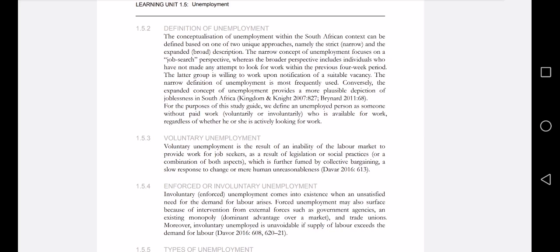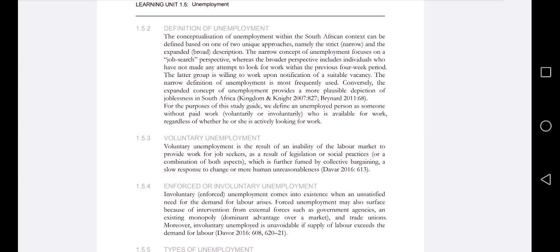The latter group is willing to work upon notification of a suitable vacancy. The narrow definition of unemployment is most frequently used. Conversely, the expanded concept of unemployment provides a more accurate depiction of joblessness in South Africa. Kingdom and Knight 2007, page 827, and Brynard 2011, page 68.